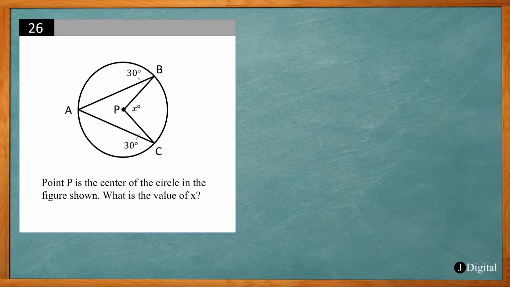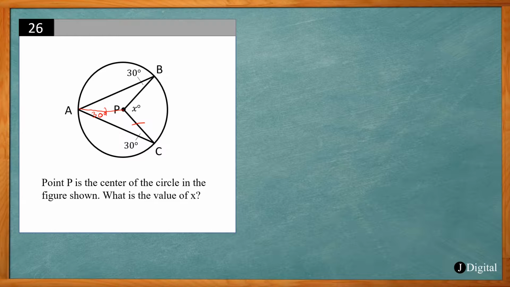Now in this example SAT problem, it says point P is the center of the circle in the figure shown. What is the value of x? Here we need to figure out what this inscribed angle at A, B, C is. If I draw lines from the center of the circle to here, I'll have two isosceles triangles. AP is congruent with PC, since those are both radii of the circle. So if this is 30 degrees here, this will also be 30 degrees.